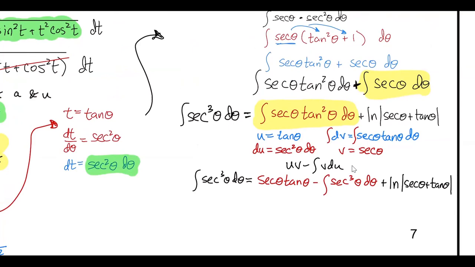I can add a secant cube theta d theta integral to both sides and consolidate them so that on the left-hand side, I have 2 secant cubed theta d theta. And on the right, I have secant theta tangent theta plus natural log of secant theta plus tangent theta.